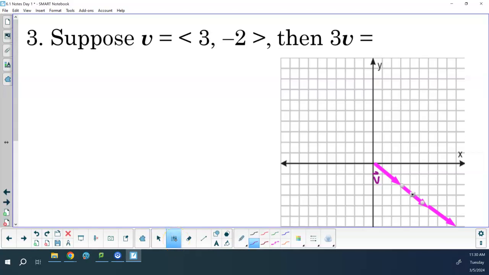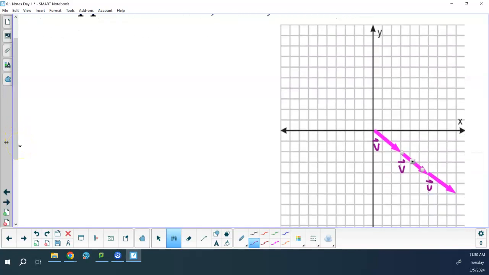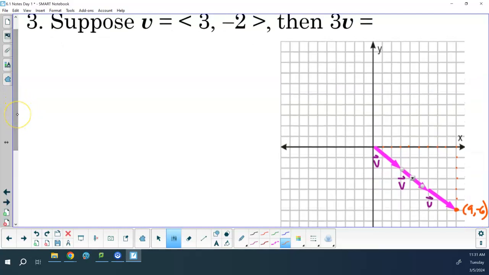So then we have another v and another v, right? So all told, if I've got 3 v's, then that puts me down here at this point, which is 1, 2, 3, 4, 5, 6, 7, 8, 9, and 1, 2, 3, 4, 5, 6. At the point 9 comma -6, which would make my 3v vector that.